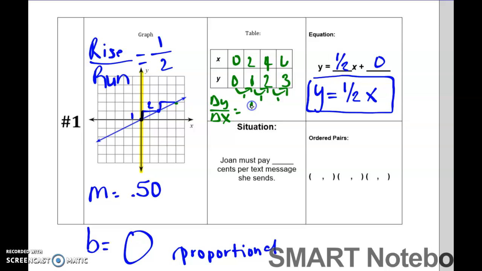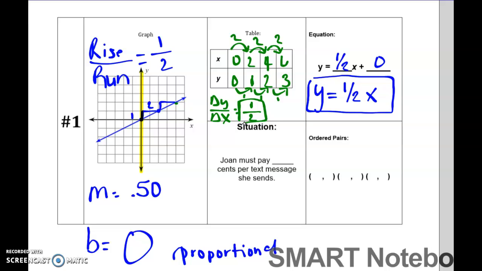So my change in y is 1 and my change in x is 2. So I still get 1/2 as my slope. Okay, my y-intercept is still 0, 0. So my equation would still be y equals 1/2 x.